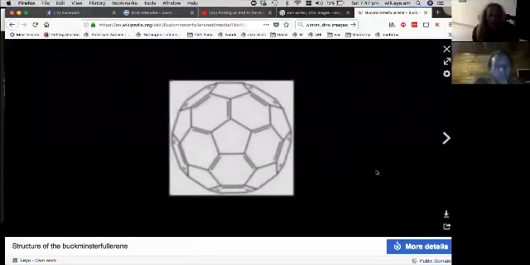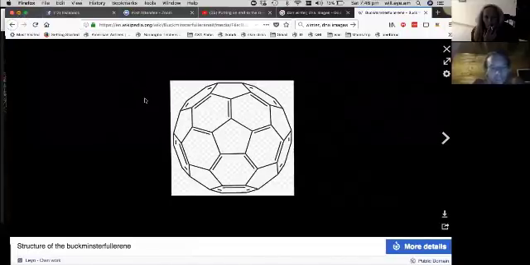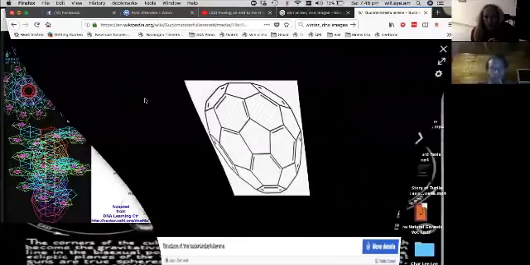You know what a fullerene is, eh? It's an icosahedron, which is hexagon and pentagon. So what we have is a direct correlation between C60 and our DNA.